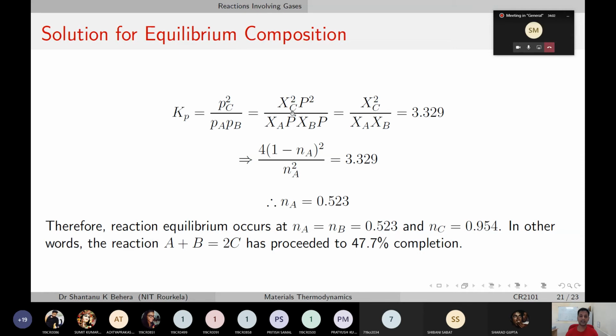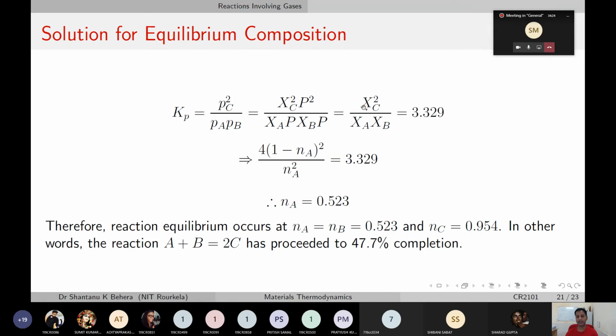The mole fraction gives Xc² by Xa Xb, because the P's cancel out. Pc² by PaPb is Xc² by XaXb. That is 3.329. And then you solve this one.